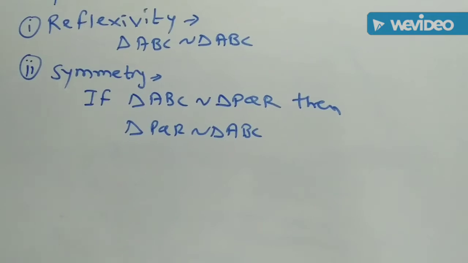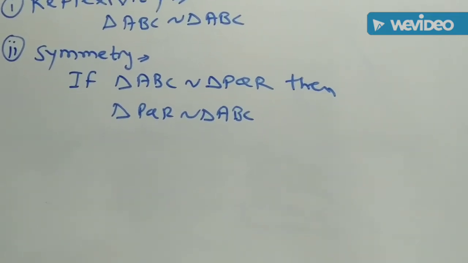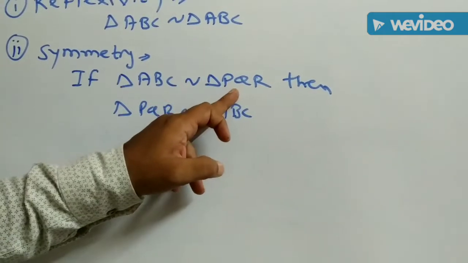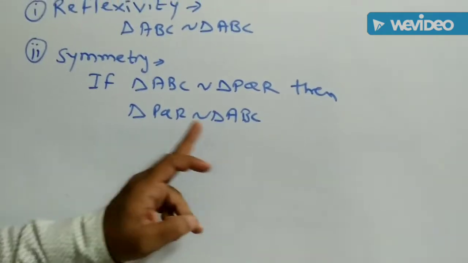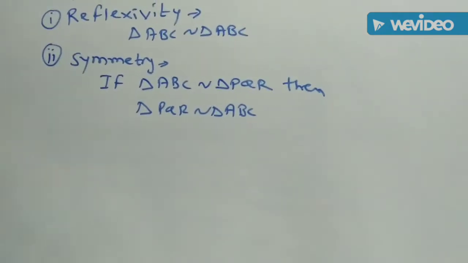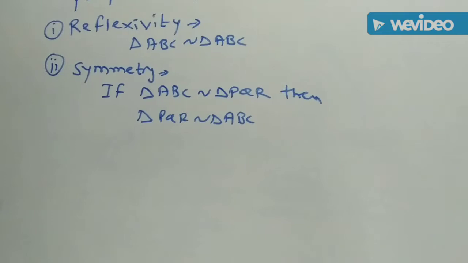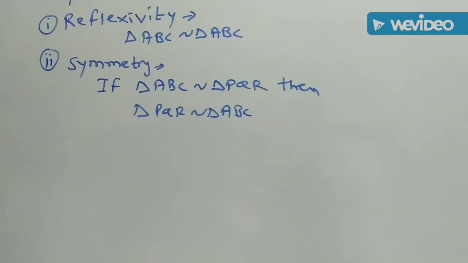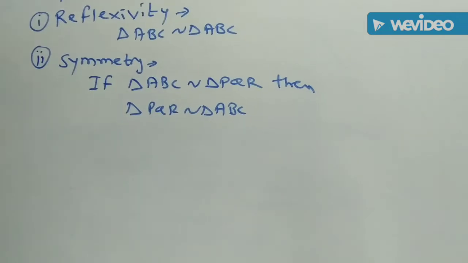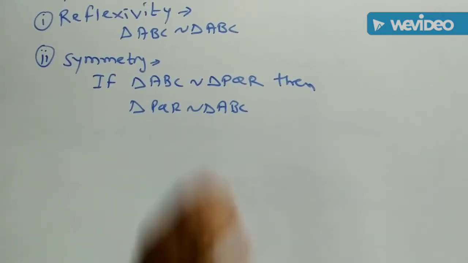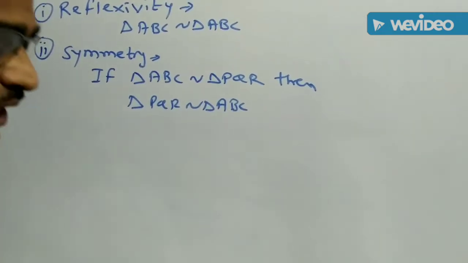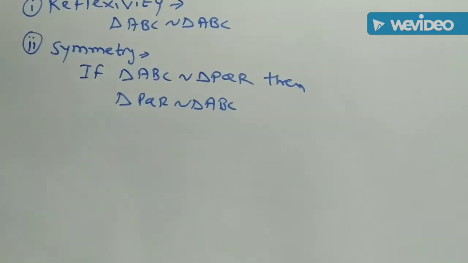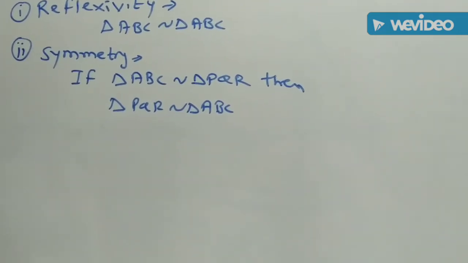This is called symmetry. That is, if both triangles are given, ABC and PQR, and the first triangle ABC is similar to the second PQR, then PQR is also similar to ABC. This is the second property of similar triangles.